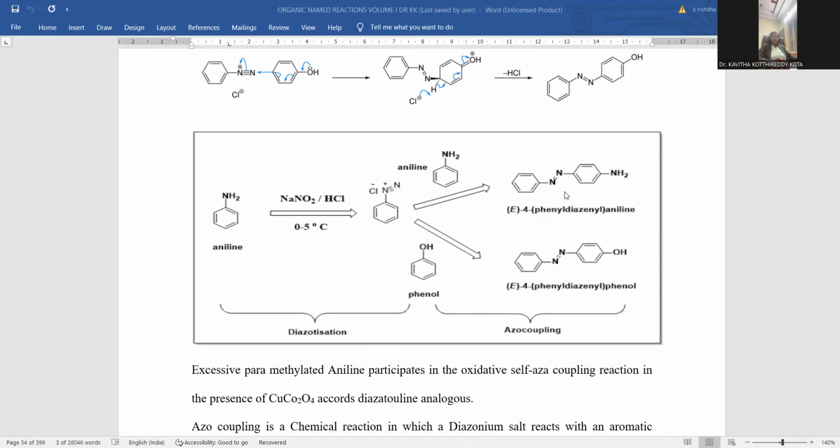As a coupled product formation is possible, step number 1 is designated as diazotization, and step number 2 is called the coupling process. This is the way you can accomplish the product formation, starting with benzene diazonium chloride. Either aniline or phenol is able to generate the same coupled compounds.